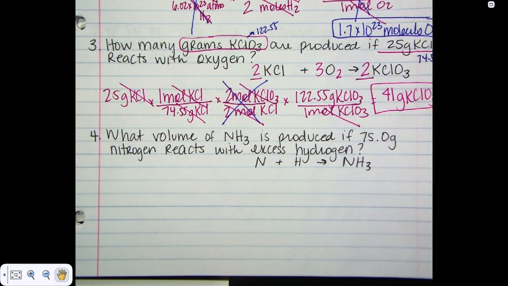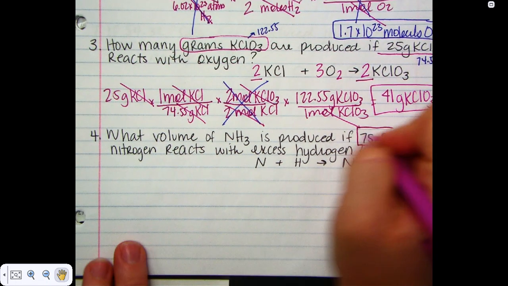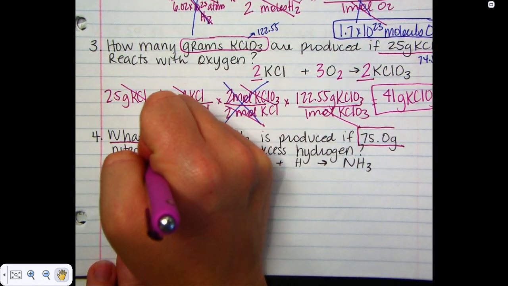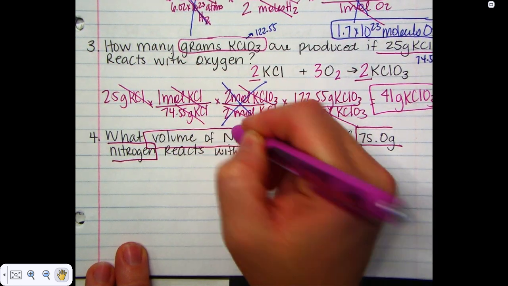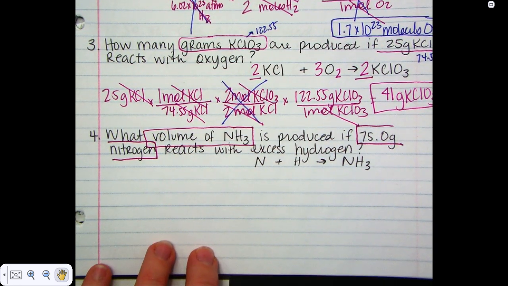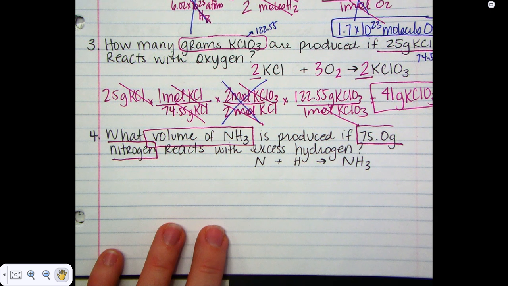What volume of NH3 is produced if 75.0 grams of nitrogen reacts with excess hydrogen? So I'm starting with grams of nitrogen, and I'm solving for volume of NH3, which is ammonia. So I need to balance my equation.